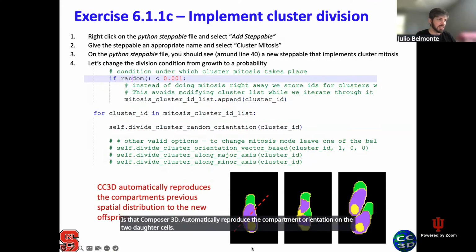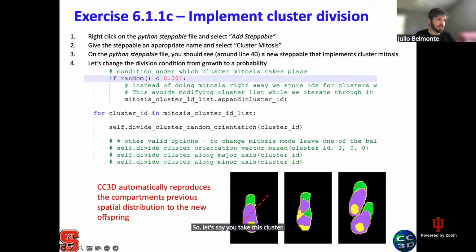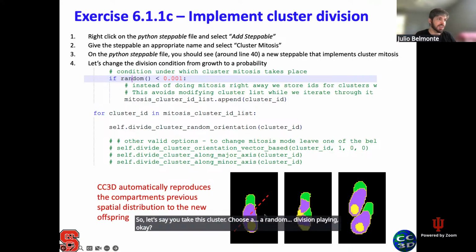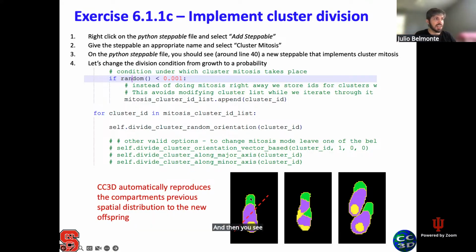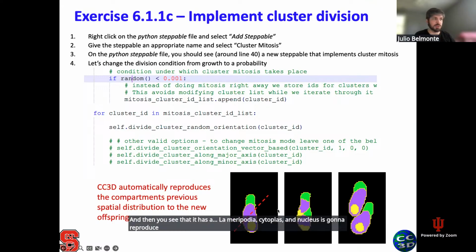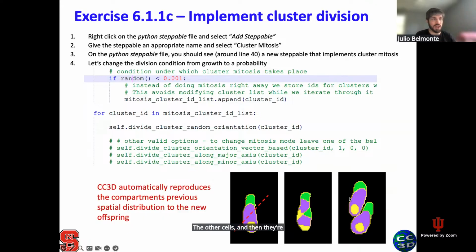So let's say you take this cluster, choose a random division plane, okay? Cut it in half, and then you see that it has a lamellipodium, cytoplasm, nucleus, and it's going to reproduce that arrangement here, lamellipodium, cytoplasm, nucleus, lamellipodium, cytoplasm, nucleus on the two daughter cells, and then they're going to grow back, and then we have now those two cells after that.